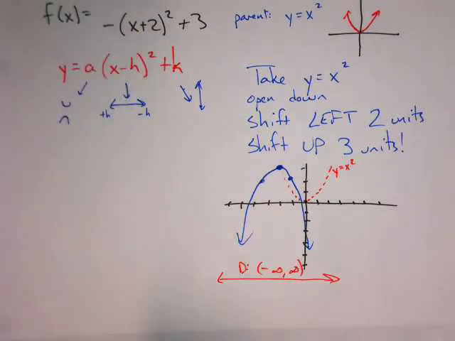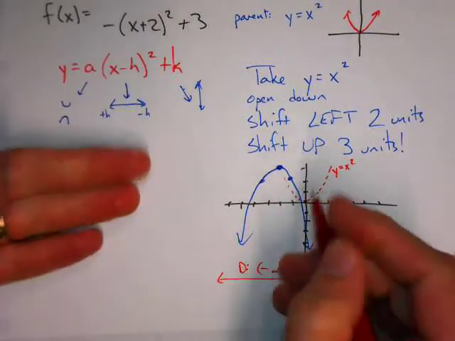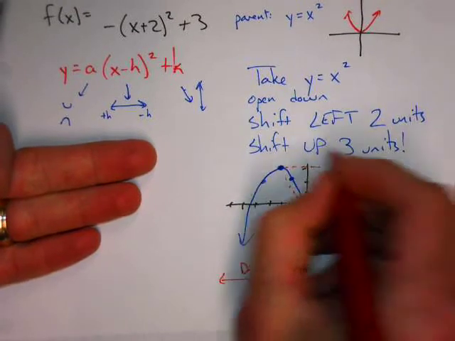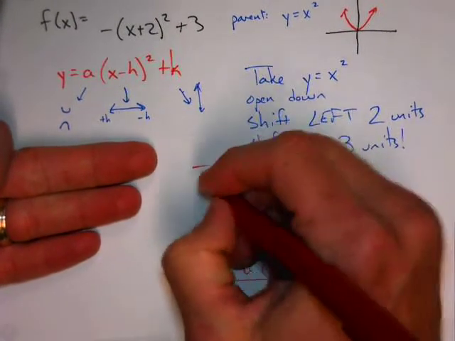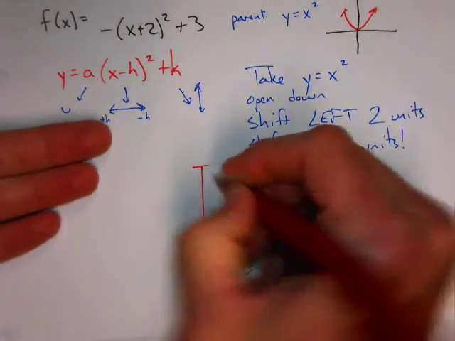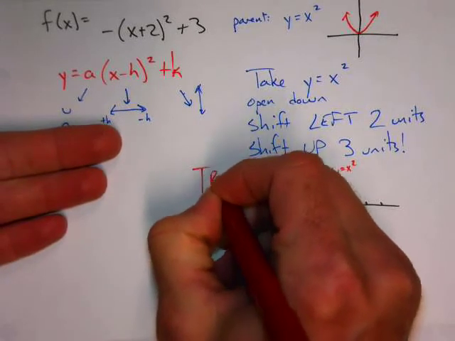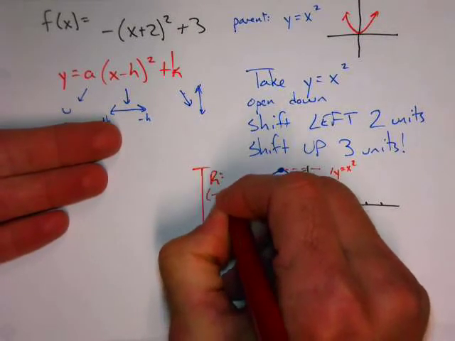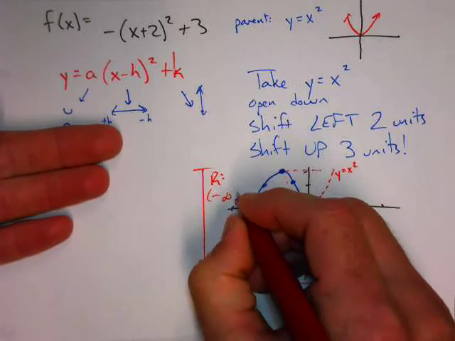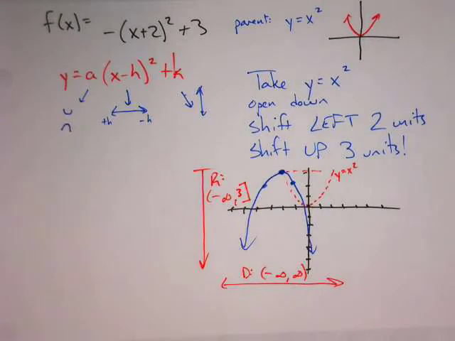It's never going to end. And how high will it go? It's going to only go up to 3. We said shift up 3 units. It's only going to go as high as 3 units. So the range is going to go from negative infinity, because it's going to keep going down, all the way to as high as positive 3. And that is our range, because you got to remember interval notation, etc., etc.